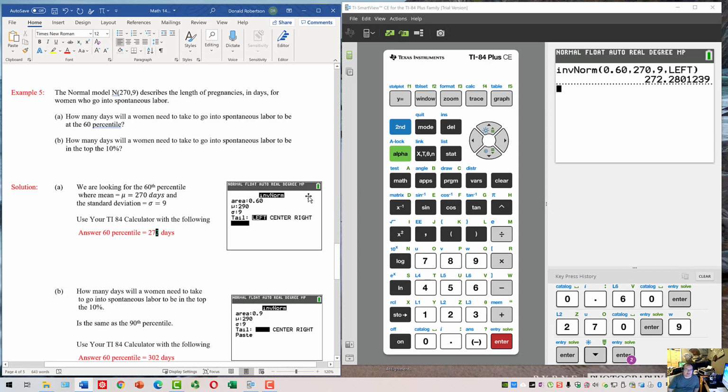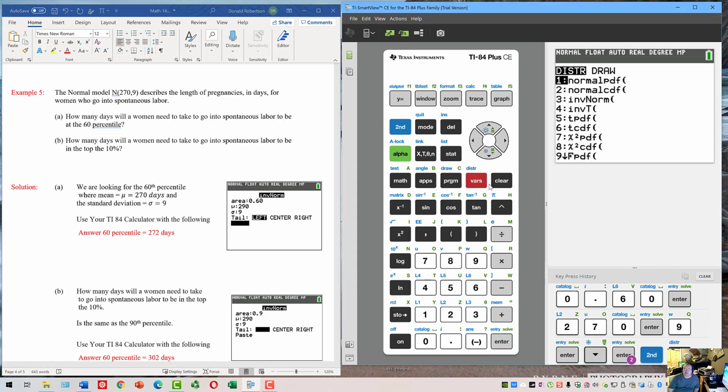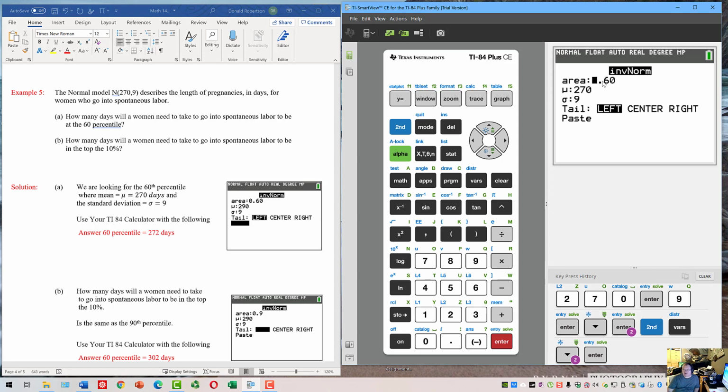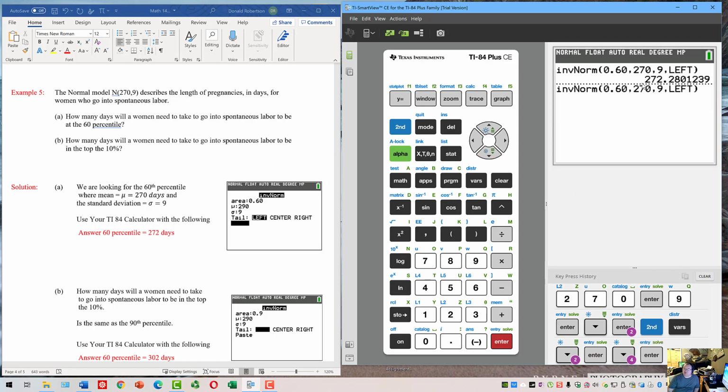Right, I'm going to go back and redo this calculation just to show you what it should be. So I'm going to do number 3, inverse norm. Oh, there it is. 0.6, 270, 9. Oh, I did it right the first time. Okay, we're cool. So I will make sure that that screen grab is replaced by the proper one. So, okay, 272.28, 272 days.